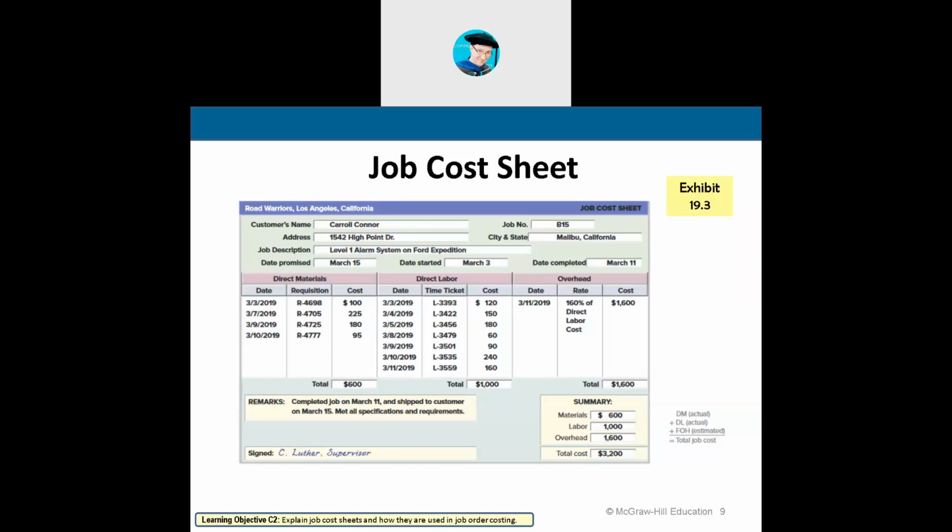And I have the amount of steel that I took and the cost per amount of steel. 3/7, I took some aluminum. Requisition number, this much aluminum times the cost. That's the requisition form for the aluminum. So forth and so on. I add up all of the total cost of the materials I used to build the truck, and get my total direct materials.